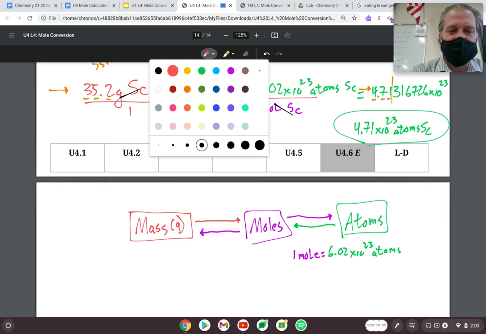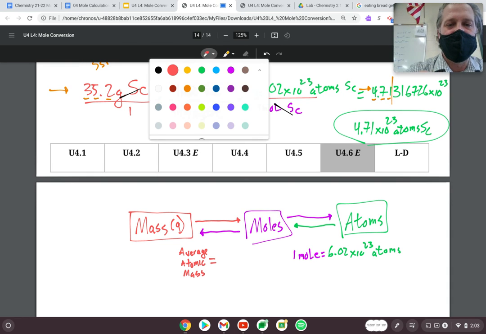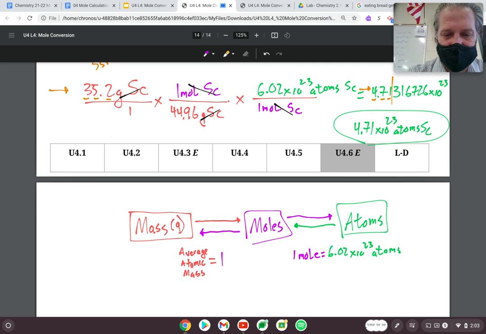And mass, right, is going to be the average atomic mass, which would be equal to 1 mole of that particular substance. So that's just another way to look at it.